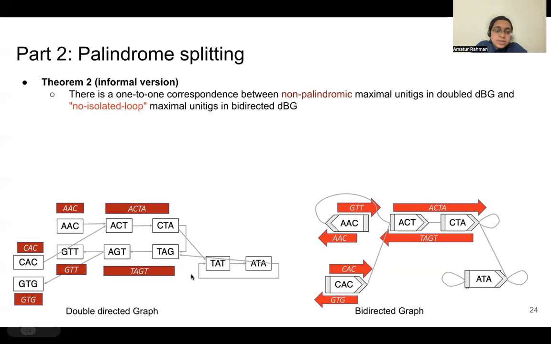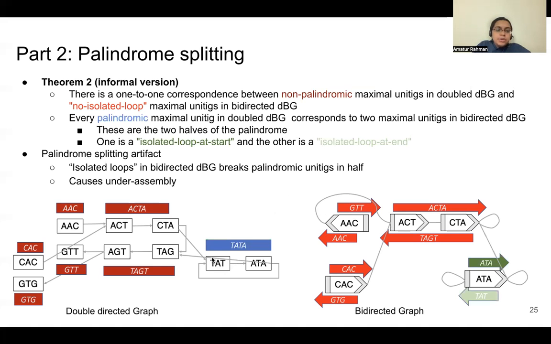And as you can clearly see from the figure, there is a 1-to-1 correspondence between the non-palindromic maximal Unitigs in the doubled graph and the red no isolated loop maximal Unitigs in the bidirected de Bruijn graph. And when we look at every palindromic maximal Unitig in the double graph, it corresponds to 2 maximal Unitigs in the bidirected de Bruijn graph here in these 2 green colors. These are basically the 2 halves of the palindrome.